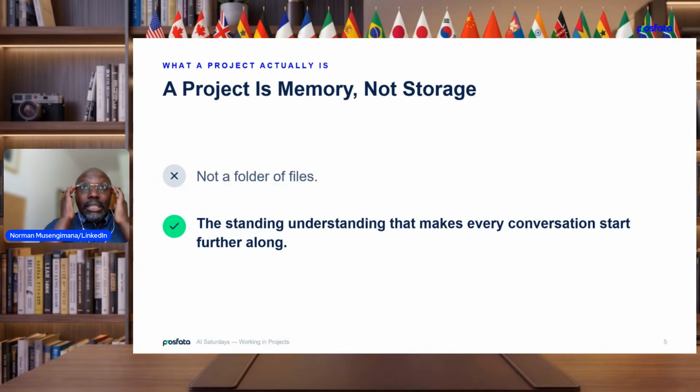But if you work for an organization that doesn't allow you to provide direct access to your inbox, then the way I do it is I copy the content of the email without copying the names and the email of the person writing to me, and then I paste it in a project.